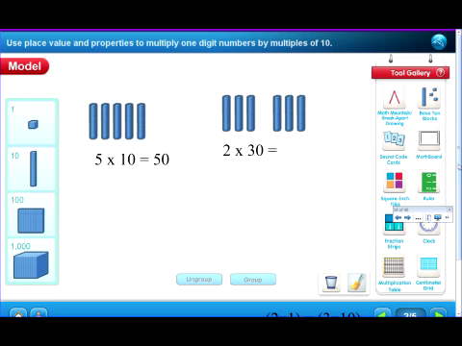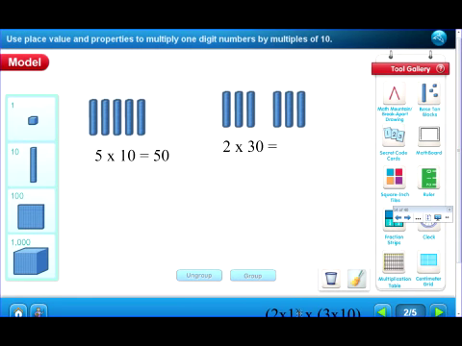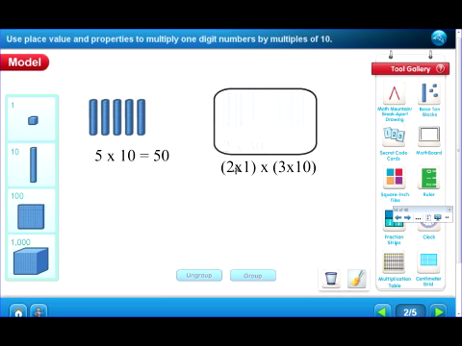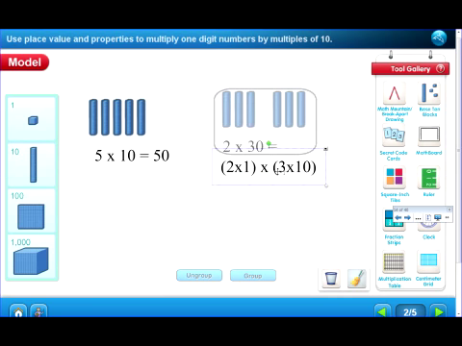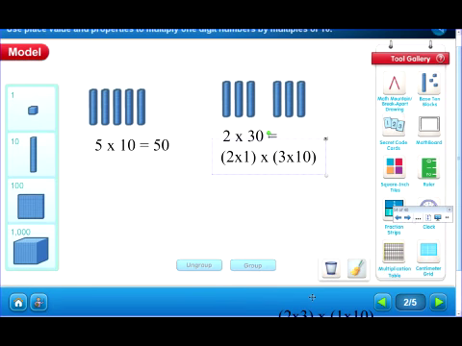So we can actually rewrite this using the associative property. 2 times 1 equals 2, and 3 times 10 equals 30, right? Well, let's rewrite that again.